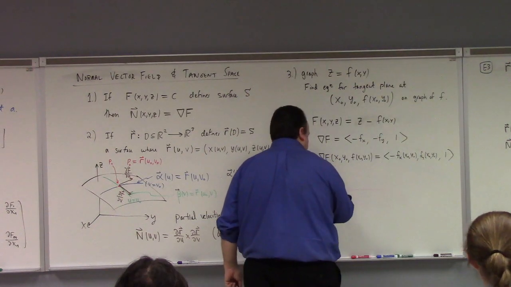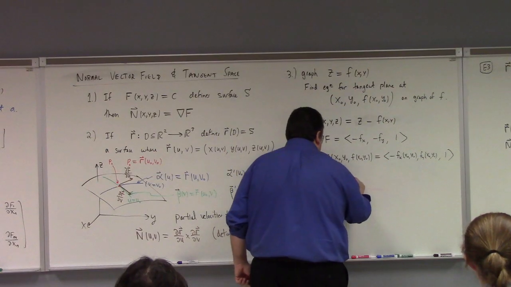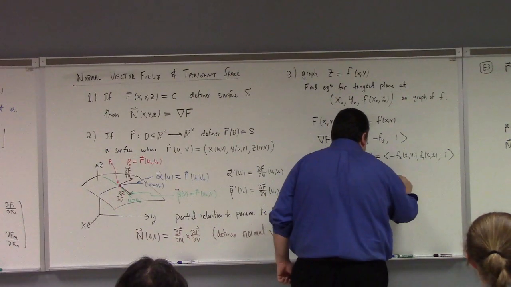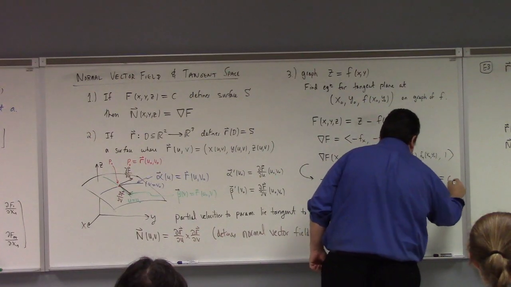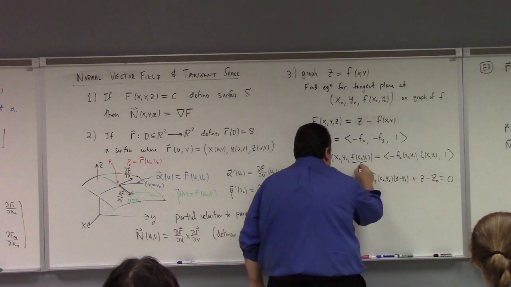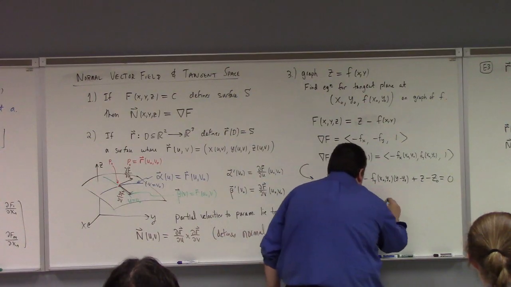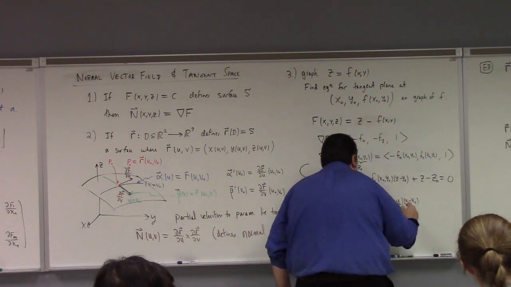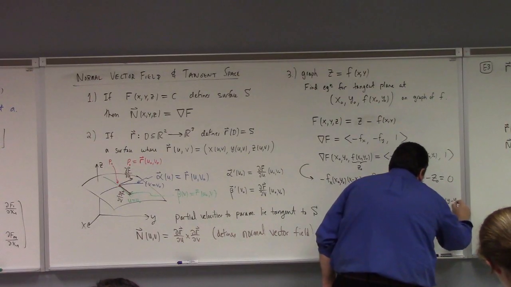And so we have the equation minus f sub x of x naught y naught times (x minus x naught) minus f sub y at x naught y naught times (y minus y naught) plus (z minus z naught) equals 0, which you can solve, and here's the takeaway message. z equals z naught, which is f of x naught y naught, plus f sub x of x naught y naught times (x minus x naught) plus f sub y of x naught y naught times (y minus y naught).